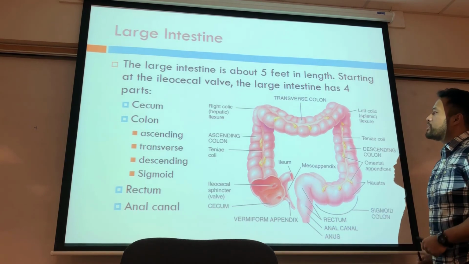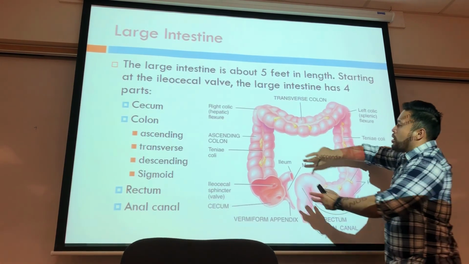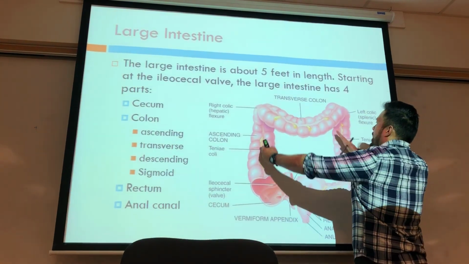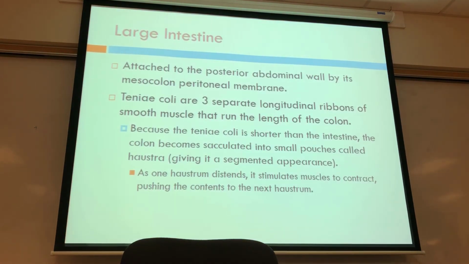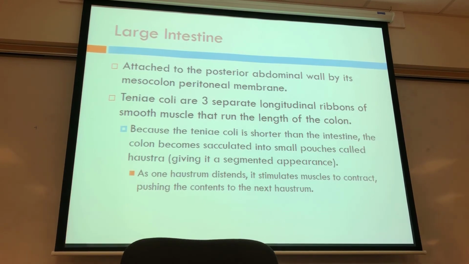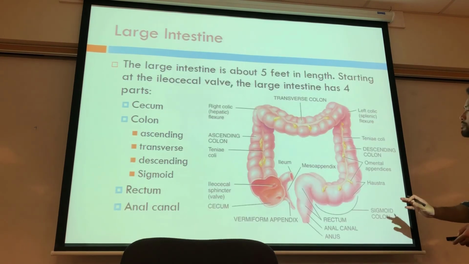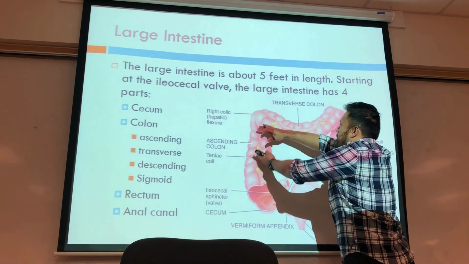So in the cases where the muscle is relaxed, you get more of a longer length of the intestine. And when these contract, they help scrunch it all up together. And why is that the case? Why do we have that? Well, it creates what are called small pouches called haustra, and that haustra allows the contractions to take place within each of the segments.